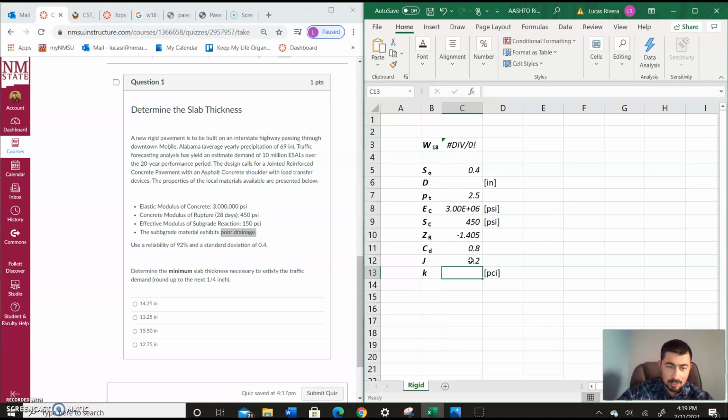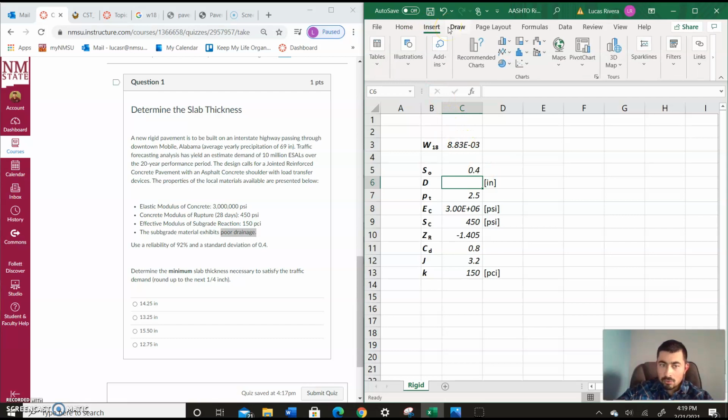My K is 150 PCI. Okay. And what they want here, I'm going to try to use Solver. Let's see what happens if I use Solver. I'm trying to round up to the next 1/4 inch.